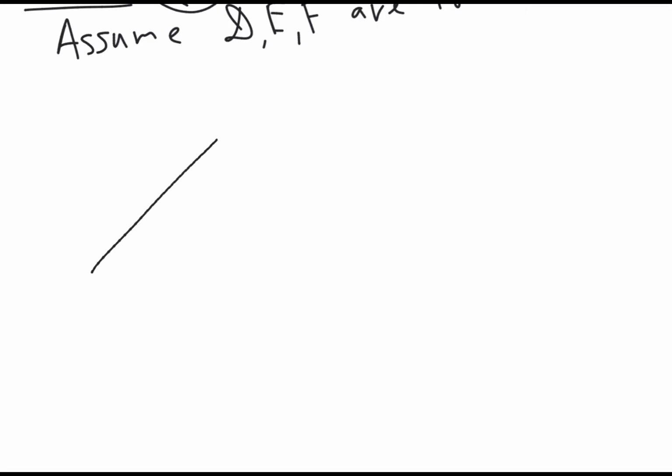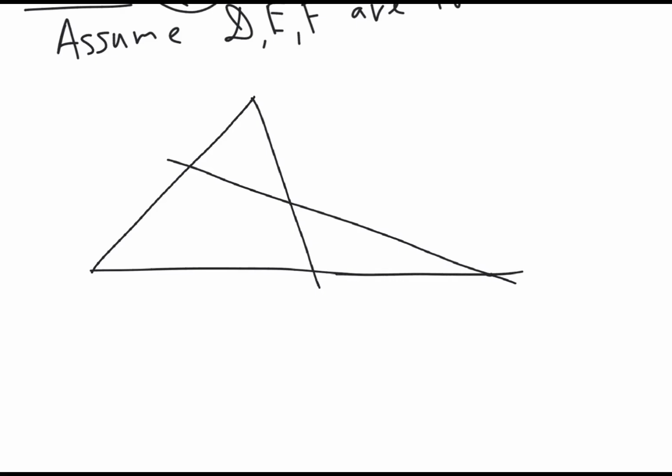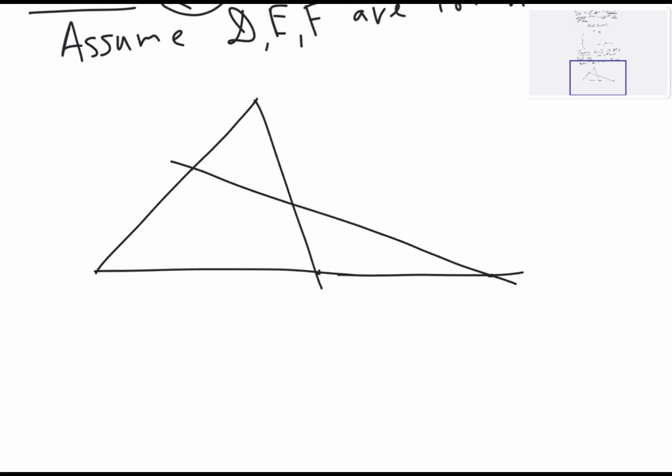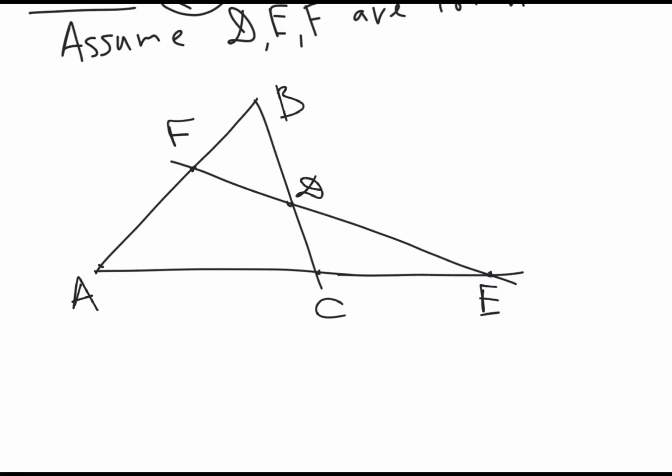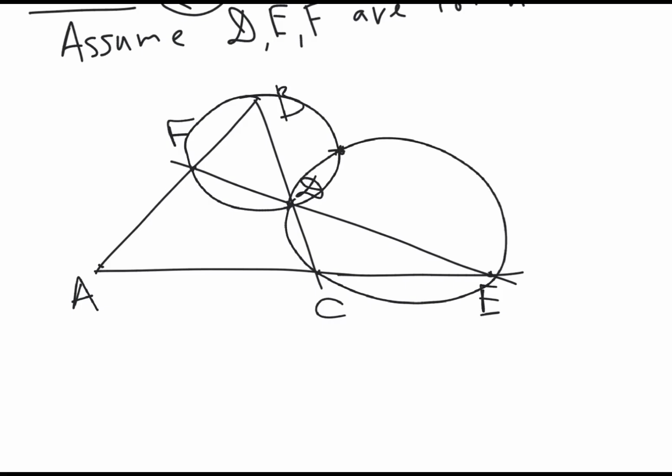So we have a triangle, we have a line, so A, B, C, D, E, F, and we consider first the intersection of two circles, this circle and this circle. We consider this point M.